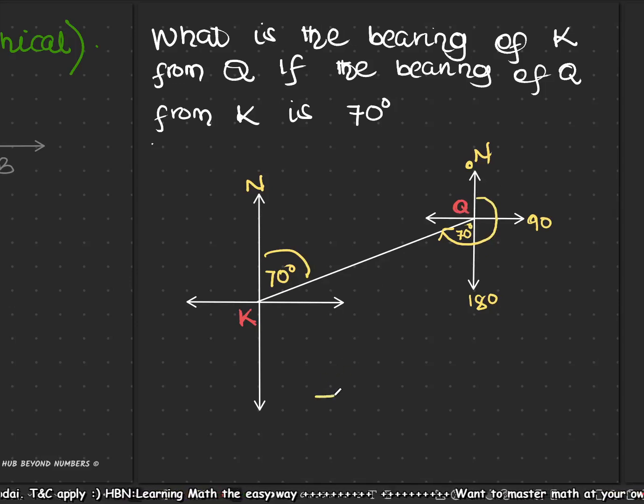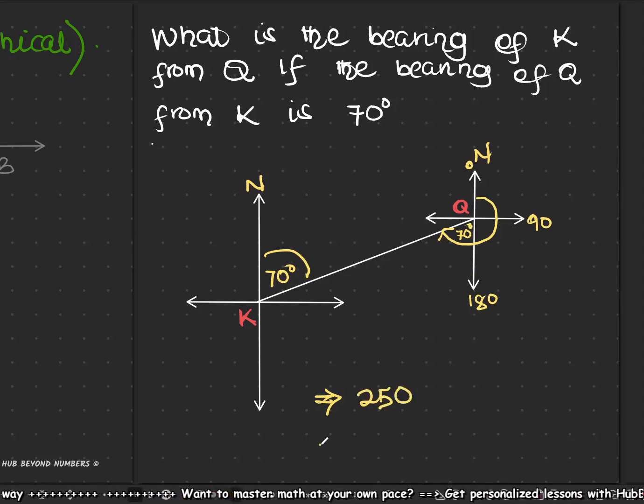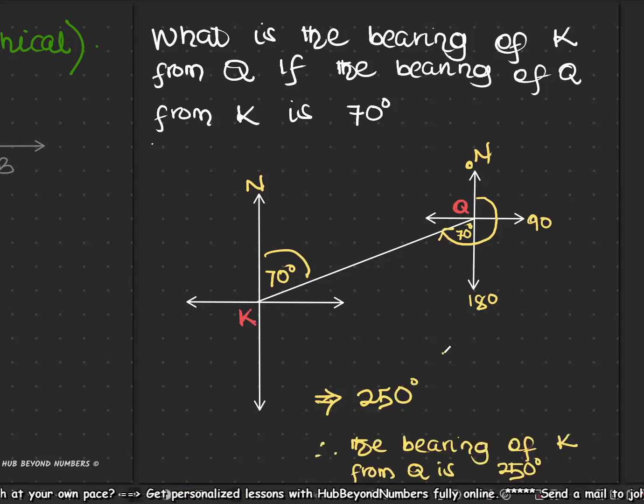So this implies that the bearing of K from Q is going to be 180 plus 70, which gives us 250. So you say therefore the bearing of K from Q is 250. This is how we solve it, especially when you are given a word problem.